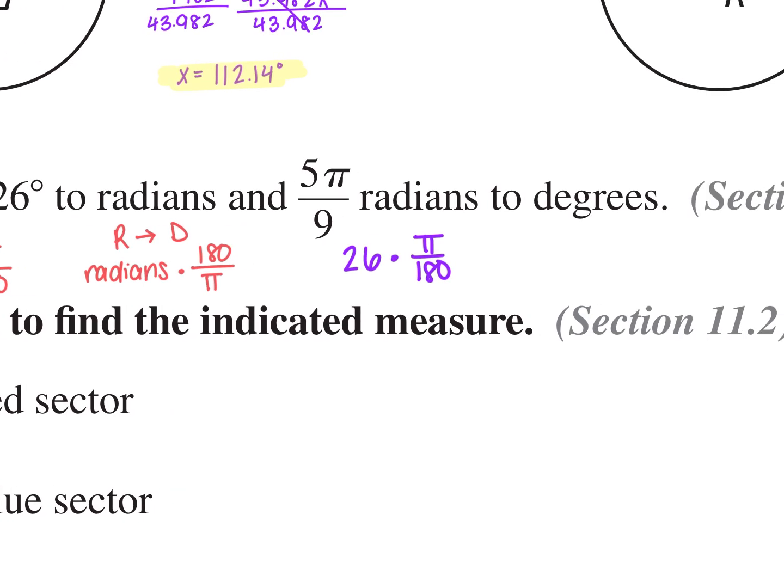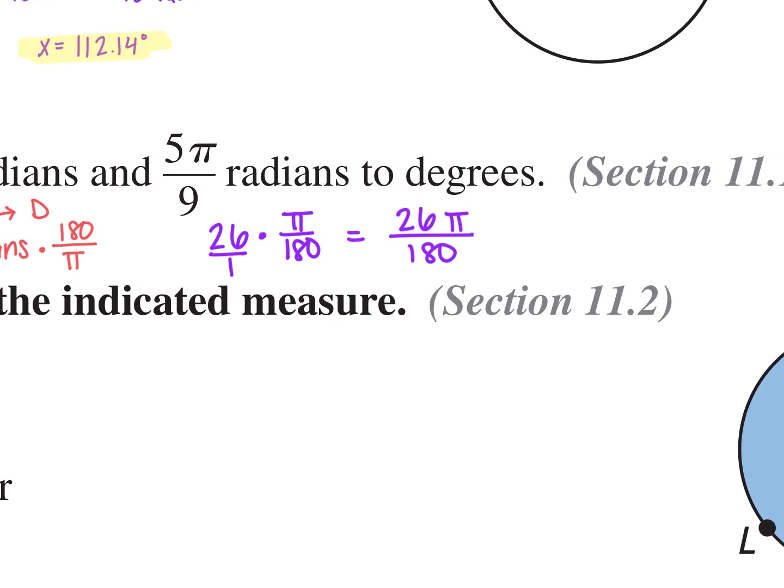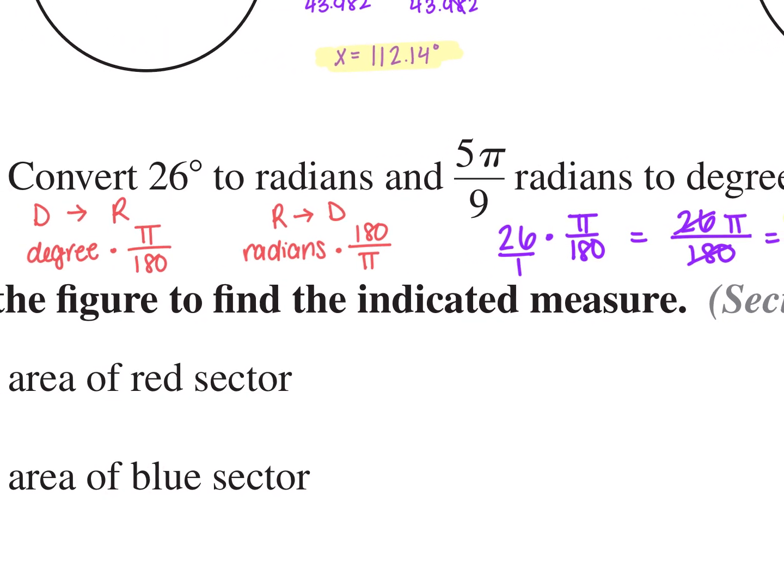I'm just going to change it to 26 over 1 and multiply across. 26 pi over 180. You can cross simplify for this one. Your answer is going to end up being 13 pi over 90, and that's my answer for the first one. That's me converting my degrees to radians for the first part.